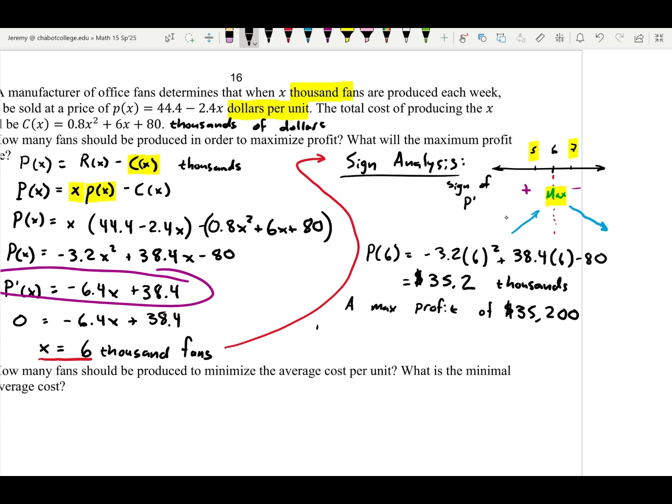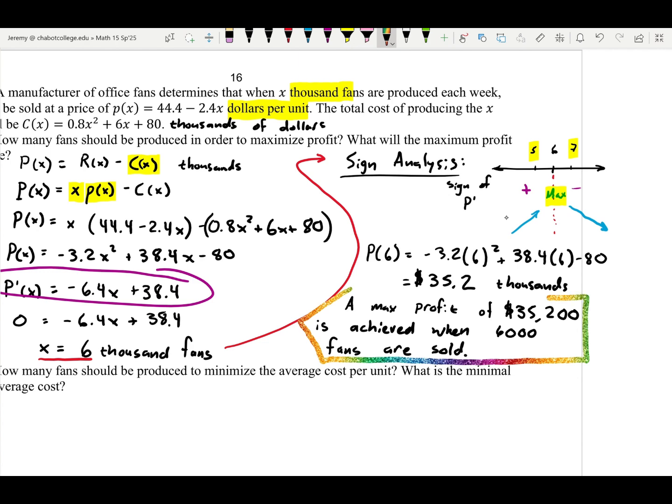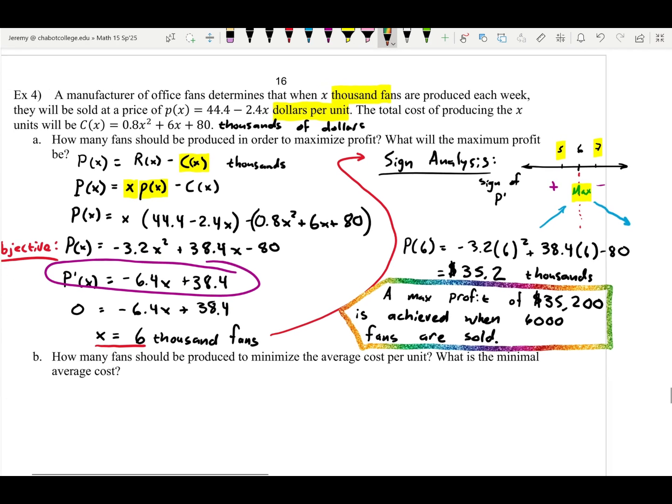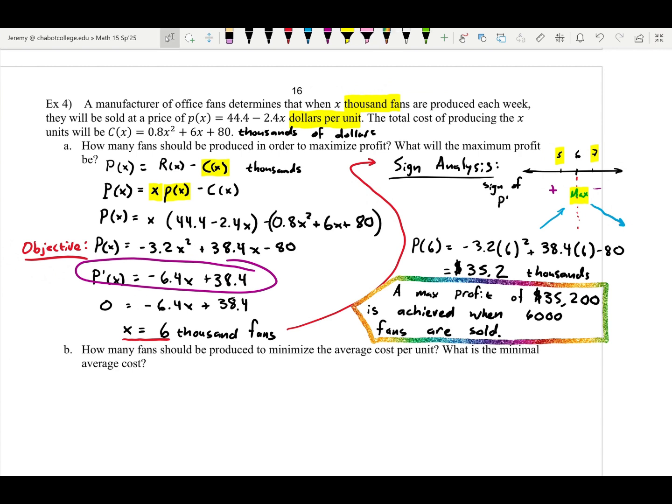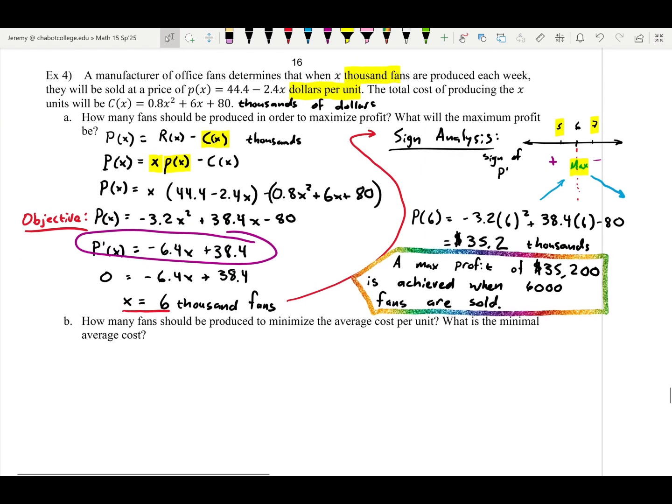So that profit is achieved when 6,000 fans are sold. And I'll box that up. Okay, so that's it for part A.